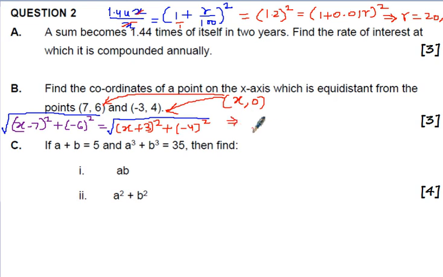You will open the bracket, a minus b the whole square, so you can write a square plus b square minus 2ab, here also, and plus 36, because minus 6 the whole square is 36, don't write minus 36. And here a square plus b square plus 2ab, so plus 6x, and here plus 16.